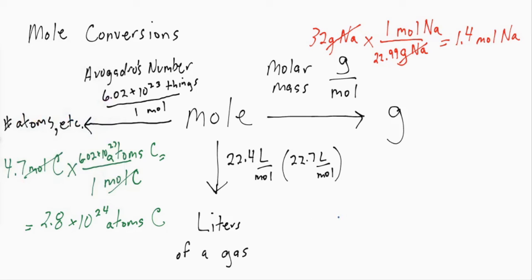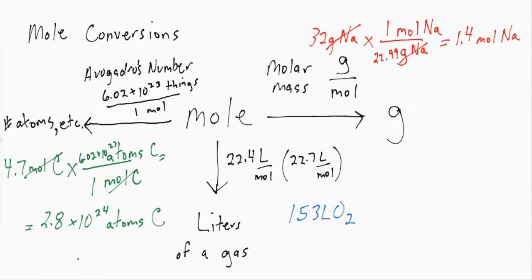Now let's say I said, hey, you have 153 liters of O2, oxygen gas. Remember, oxygen as a gas has 2 oxygens.